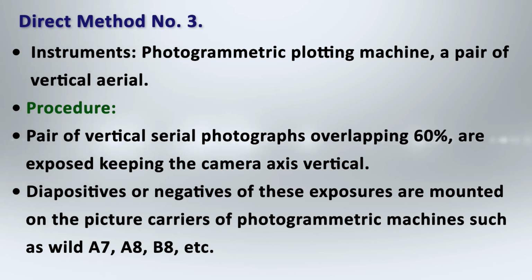The diapositives or negatives of these exposures are mounted on the picture carriers of photogrammetric machines such as Wild A7, A8, B8, etc. Relative orientation of the 3-dimensional model is achieved by a systematic procedure of applying rotation and translation to the diapositives or negatives mounted on the picture carriers until corresponding images of two photographic exposures are made to coincide over the entire model area.